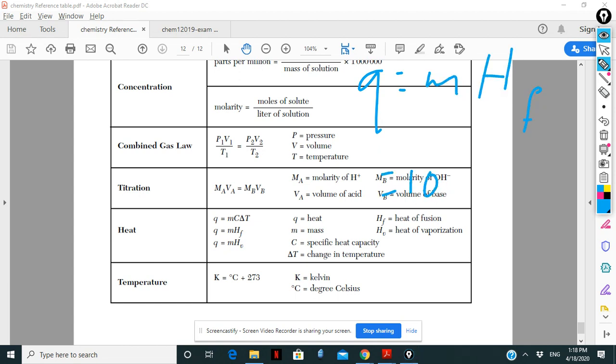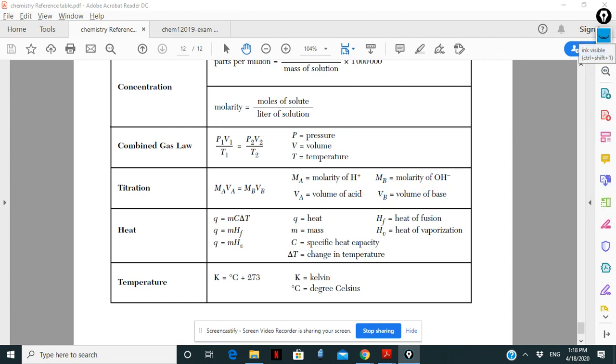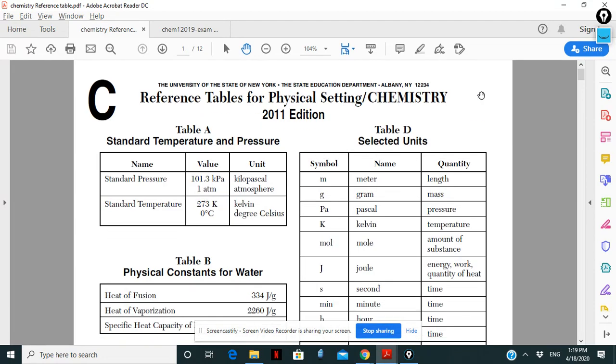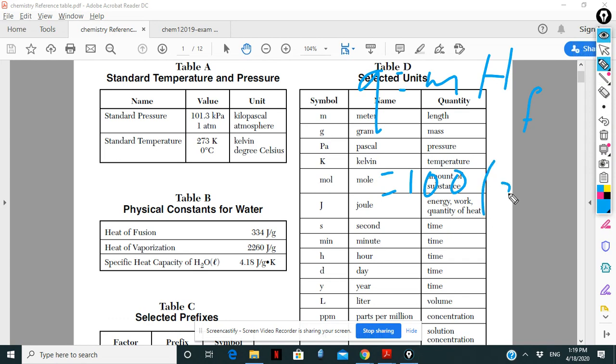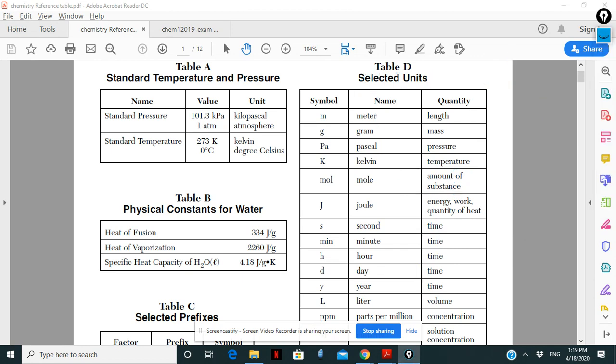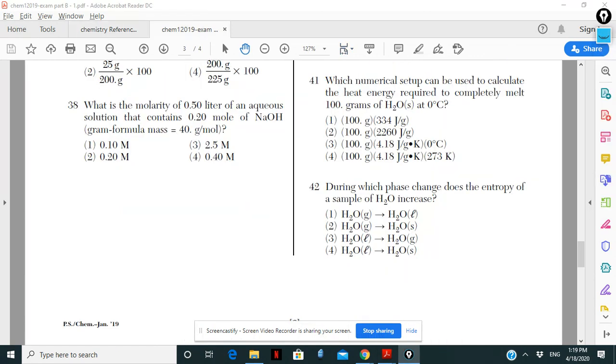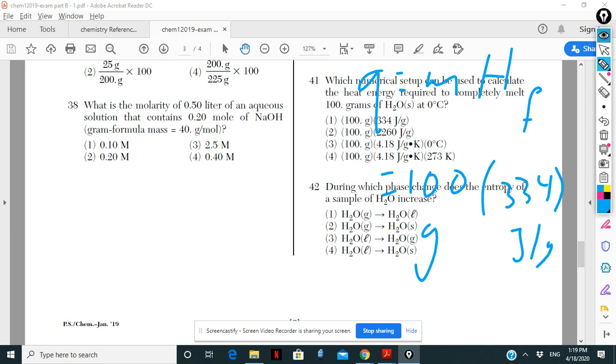The mass is 100. The heat of fusion, I can find on the first page. Heat of fusion is 334 joule per gram. Now I'm looking for the setup with 334, so it's number 1.